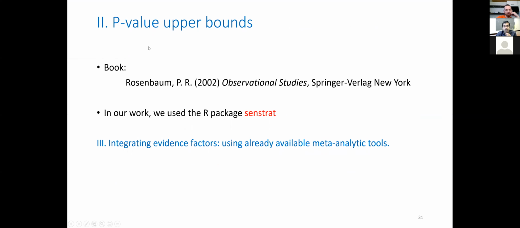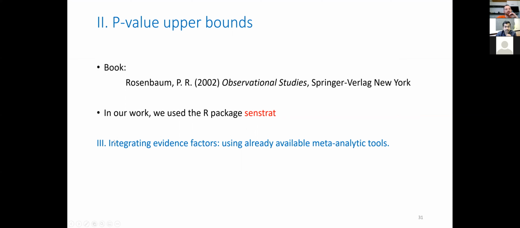Number two and number three on the same slide. Number two is we are using p-value upper bounds, and as I mentioned, the book by Rosenbaum 2002, Observational Studies, is a helpful starting point of how to get those p-values. The numbers I showed you, I got from the R package SameStrat, which does sensitivity analysis under a stratified design.